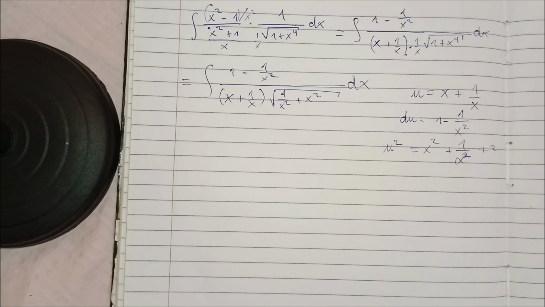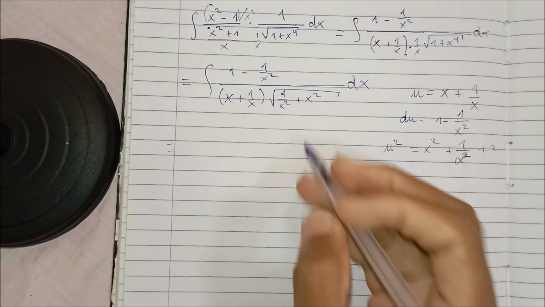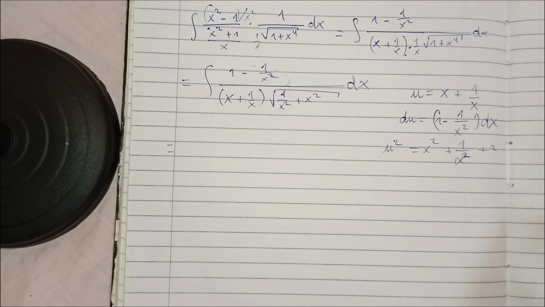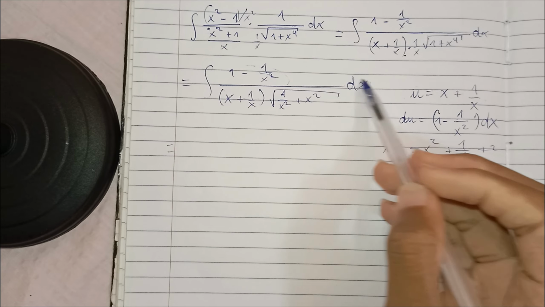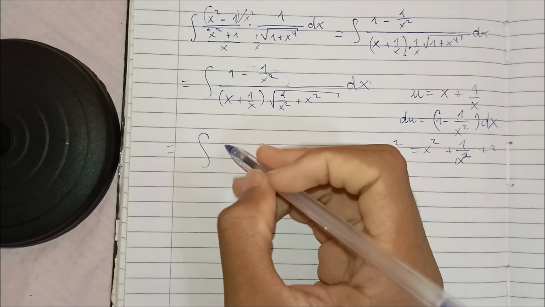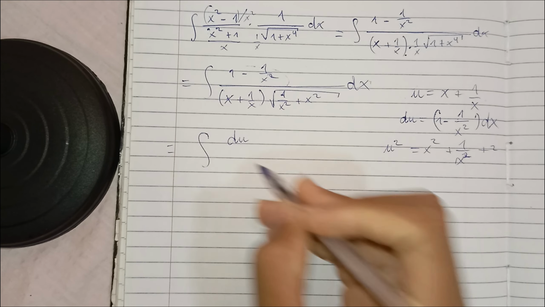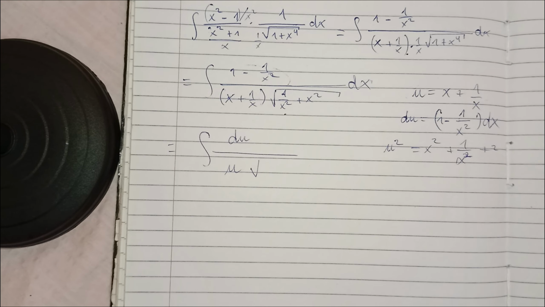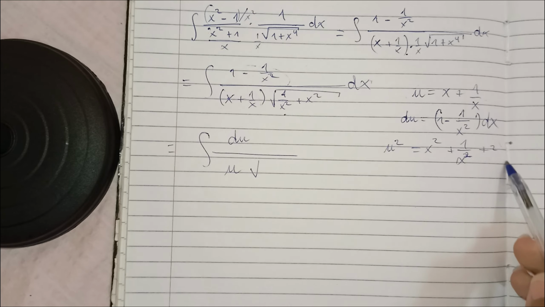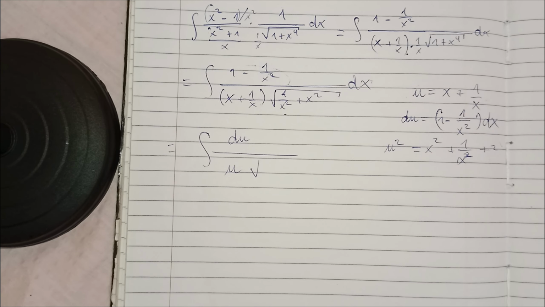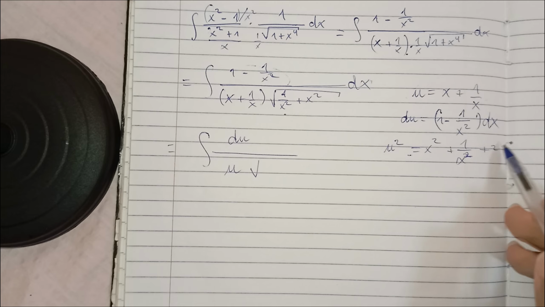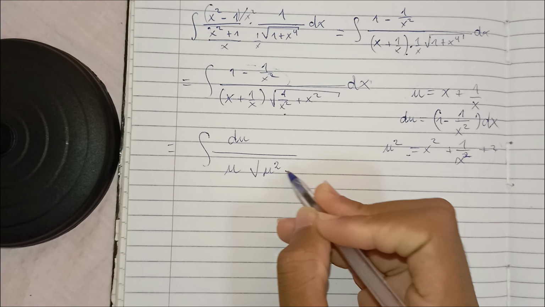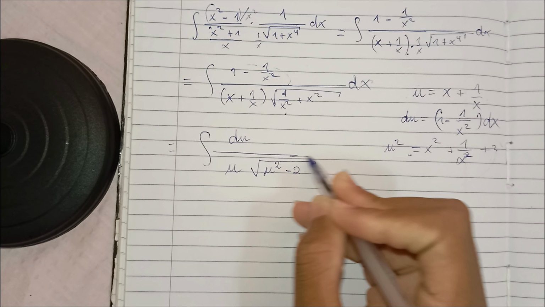Good. So all this is du, and this is u, and of course this, what is that? If you subtract both members by 2, what do we get? You get u² minus 2. Yeah, good.